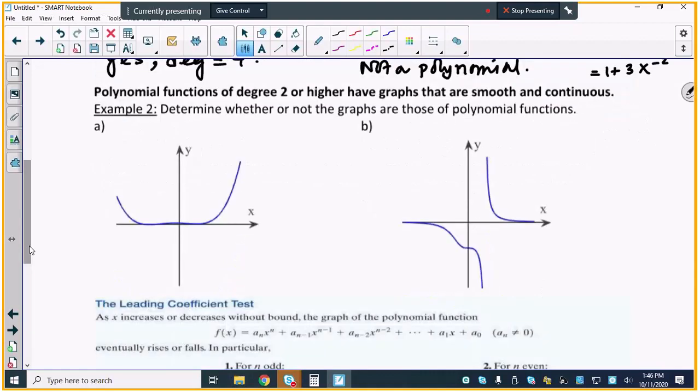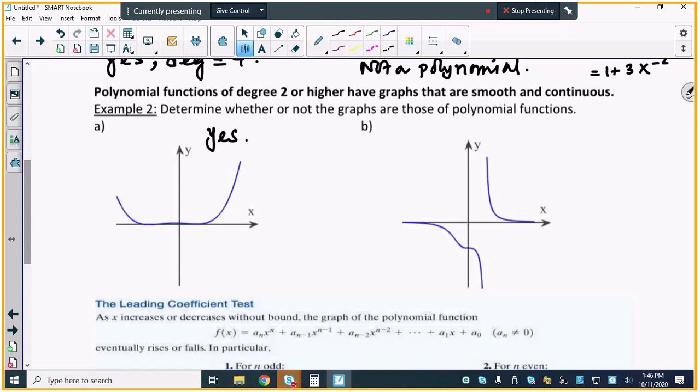How about given the graphs? Polynomial functions of degree 2 or higher have graphs that are smooth and continuous. So if I look at the first graph, I see that this is pretty continuous and the turning points here and here are pretty smooth as well. So I'm going to say yes, I don't have to know what function I'm looking at. The graph tells me that it could be the graph of a polynomial function.